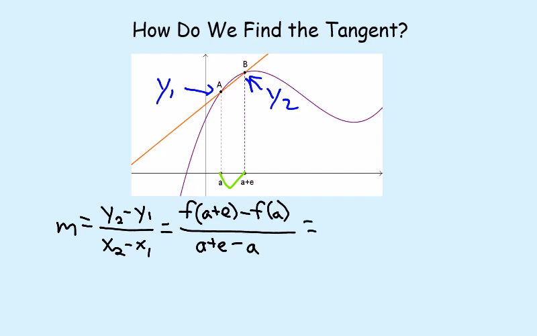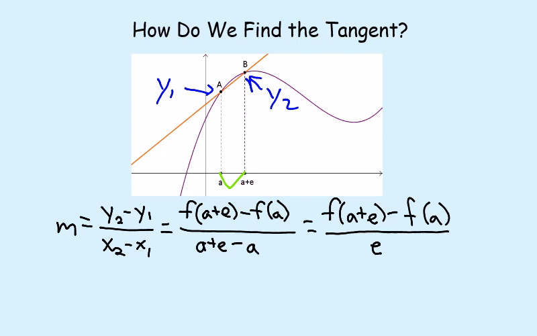Cancel out everything that I don't need, which in this case means only the a's on the very bottom of the function. And I have the function value at a plus e minus the function value at a divided by e, which is the distance between my two x points.